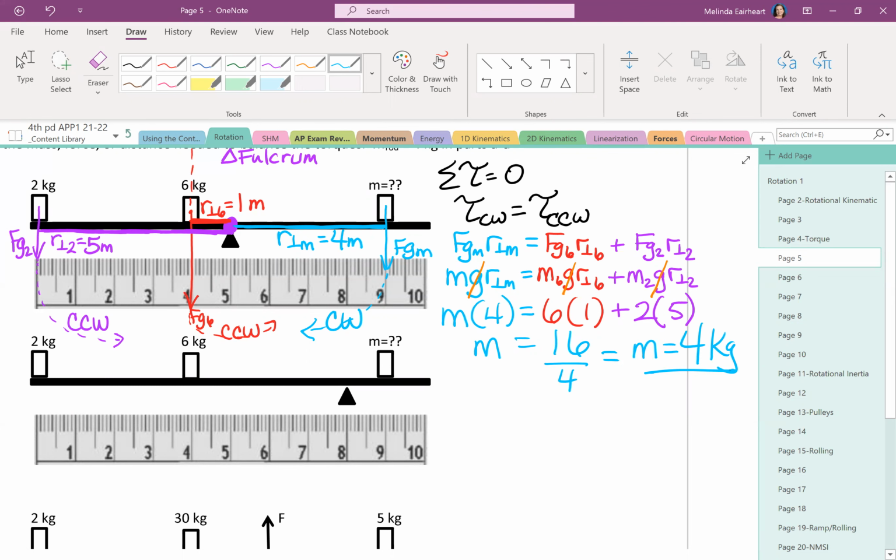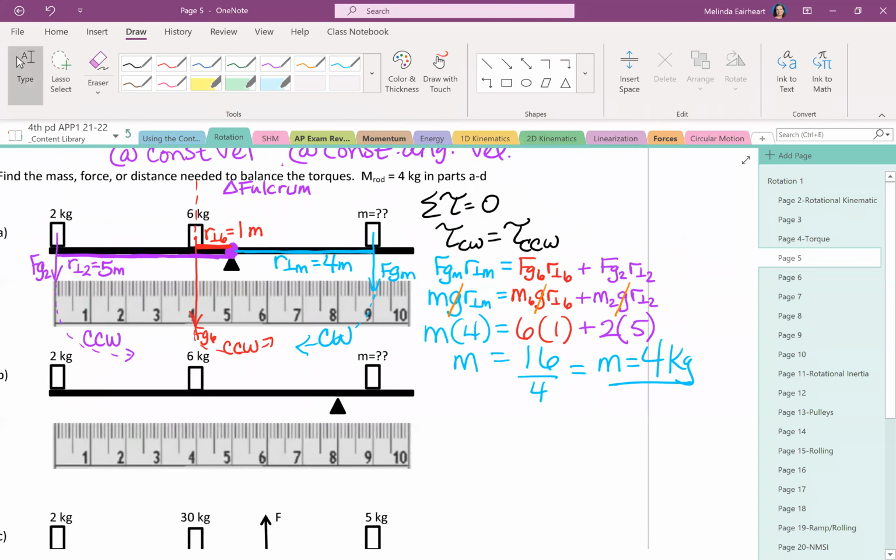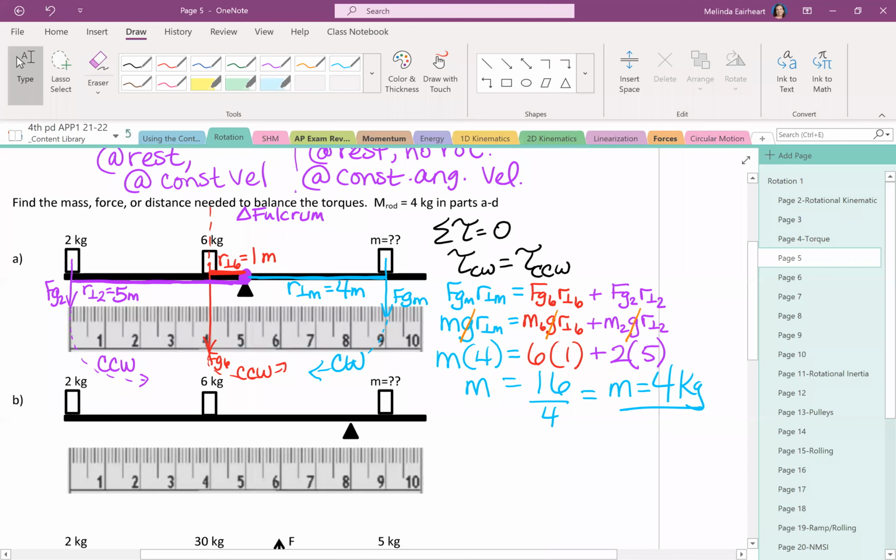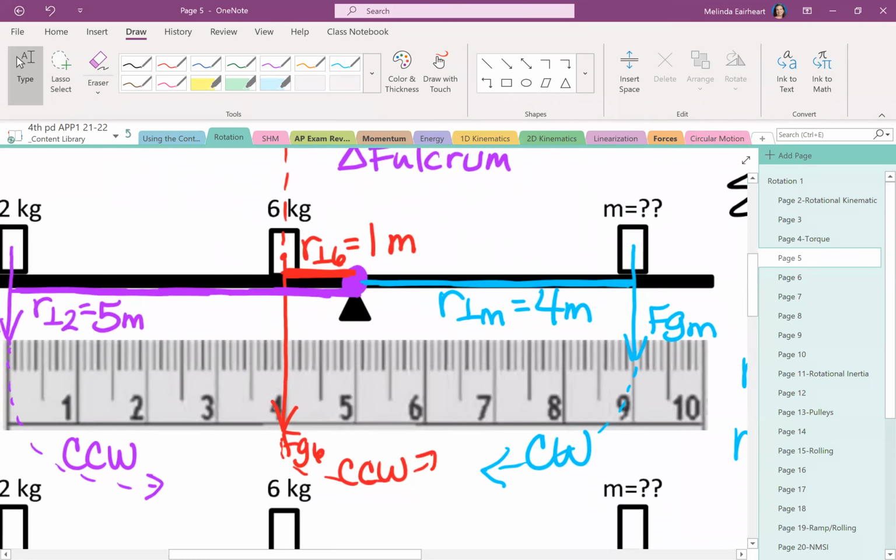Now, before we walk away, I just want to add to this. What about the board itself? Didn't it have mass? It doesn't cancel out. Does this board have weight?